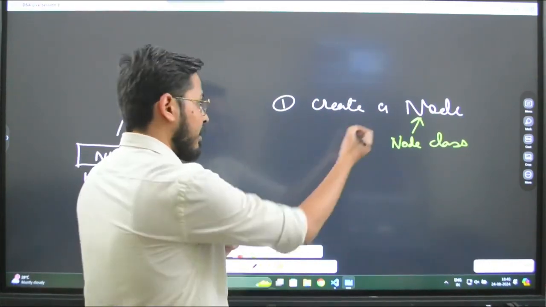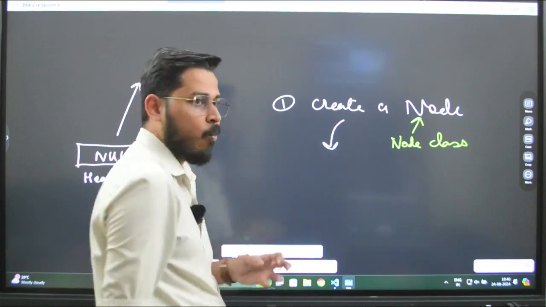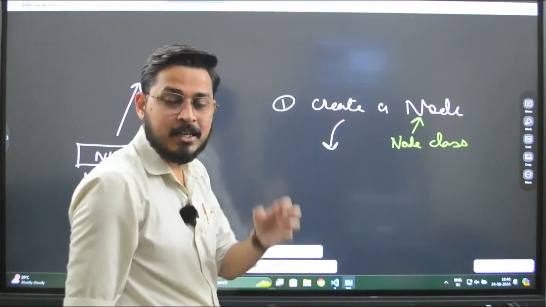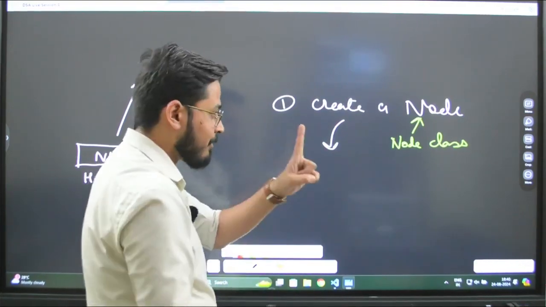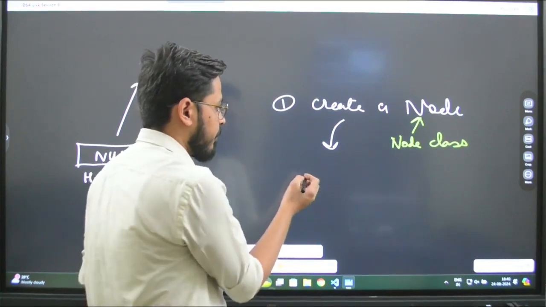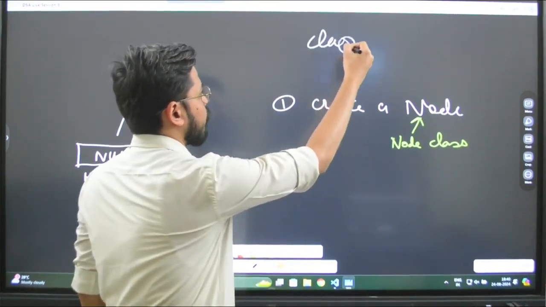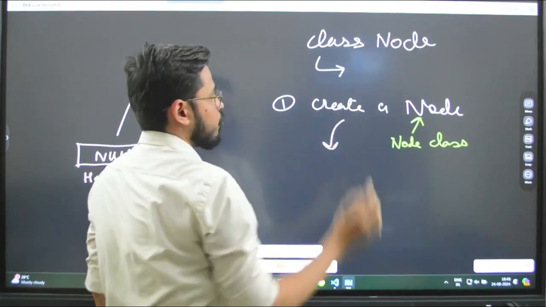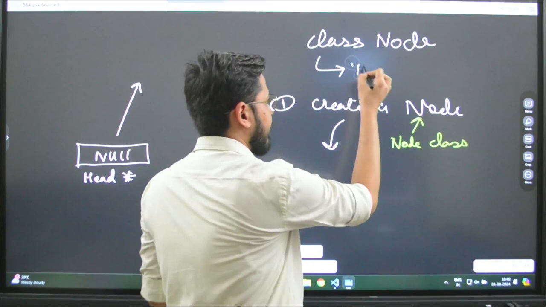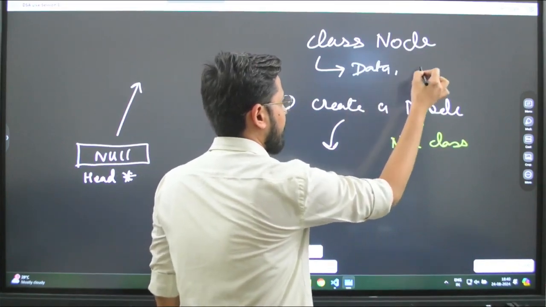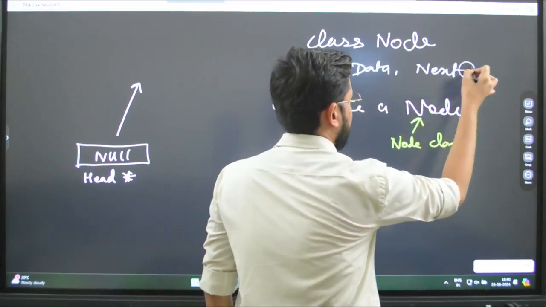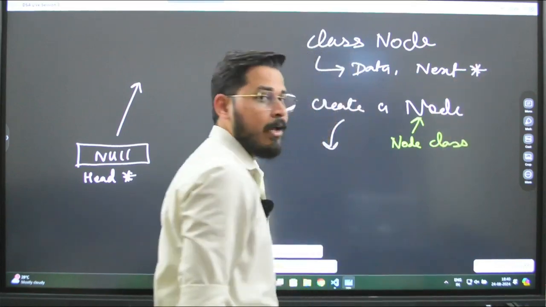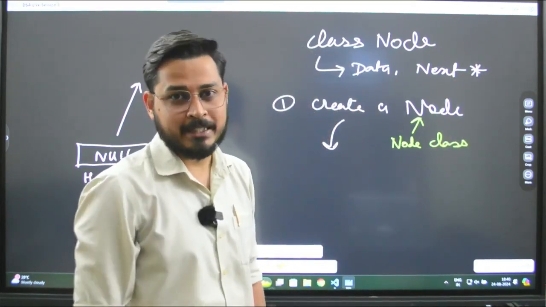Okay. Now the point is, how do I instantiate the object? So guys, now listen to this very carefully. You have that class node, no? In that, you had two attributes: data and a next pointer, correct?